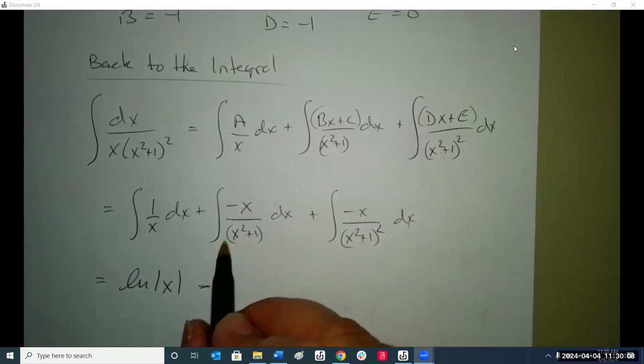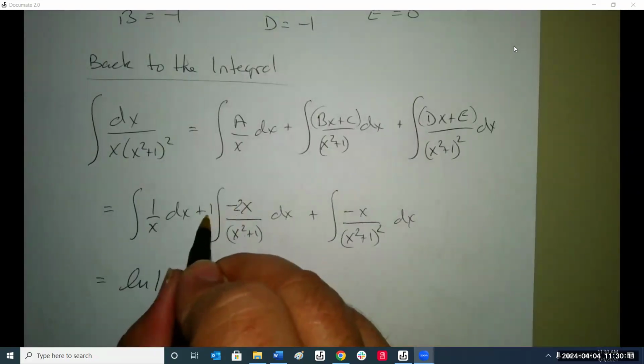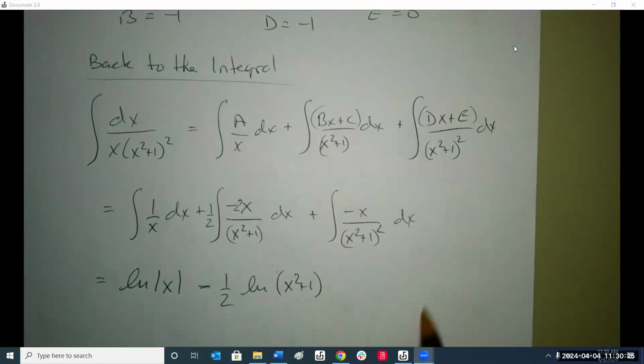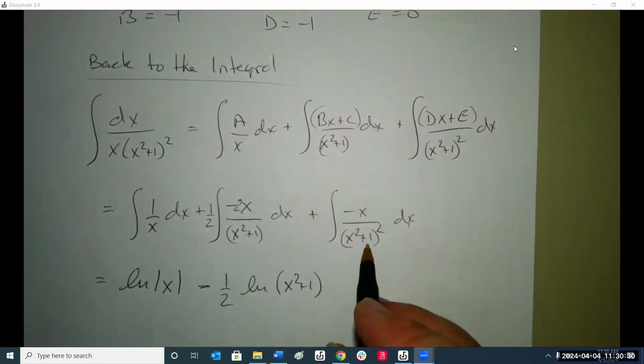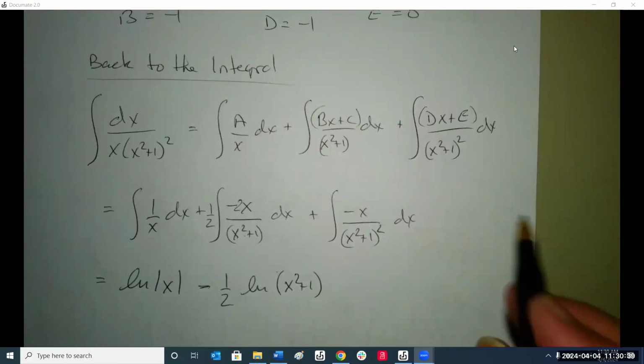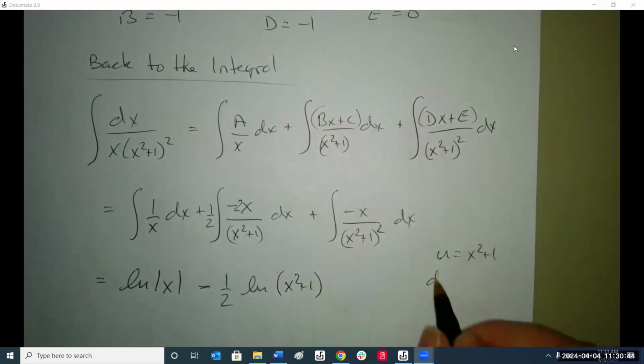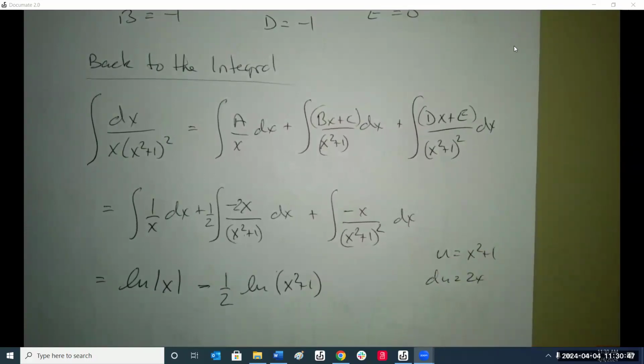Du over u should be 2, so we're missing a 2, so we have to have a 1/2 out here. So it's 1/2 ln of x squared plus 1. Here we use u is x squared plus 1, du is 2x.